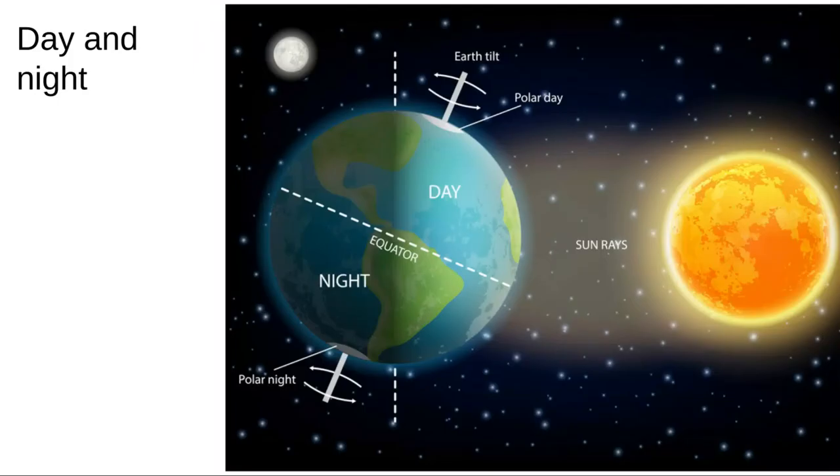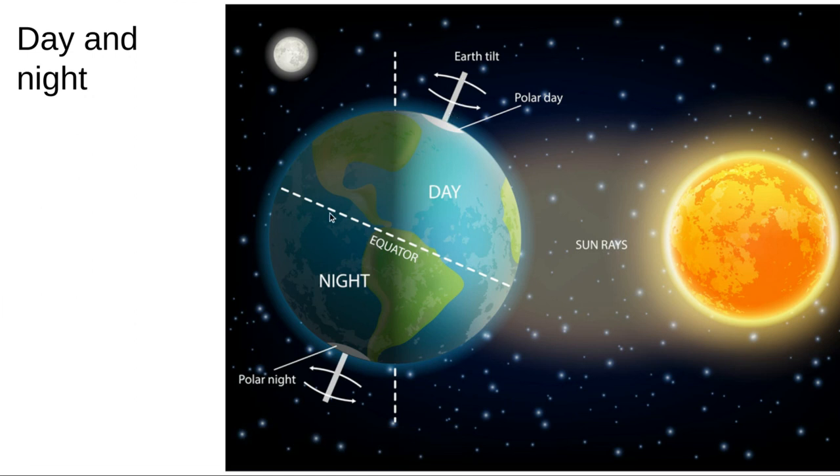Okay, let's go back to this one. So, first thing, and I would imagine, again, you've done this in primary school, is what causes the day and the night. Now you can see here is our Earth on its little 23.5 degree angle. Here is our axis.